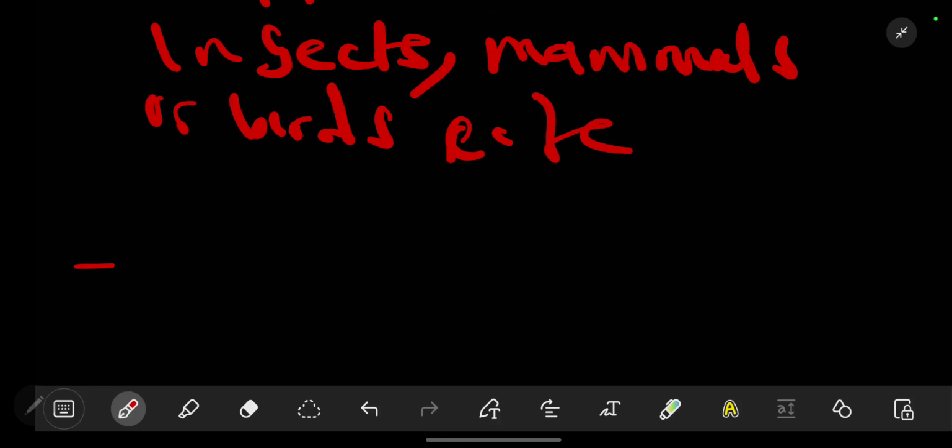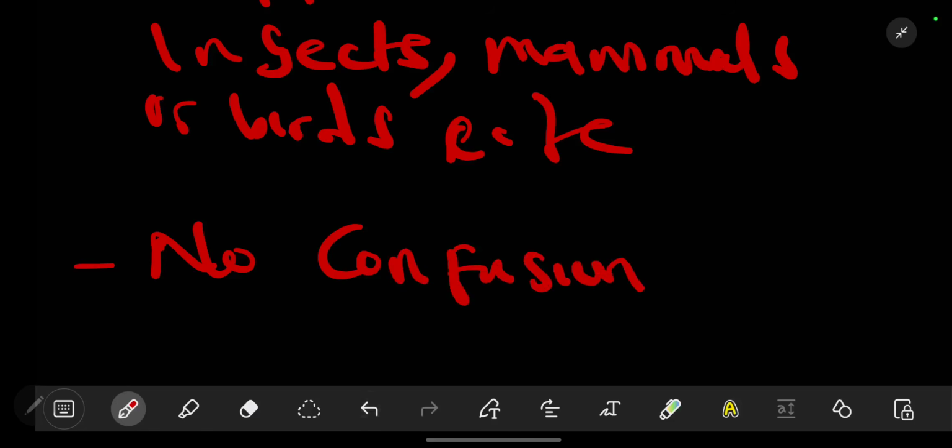It also ensures that there is no confusion, because organisms have one specific name. So that is basically what we refer to as the introduction to taxonomy.